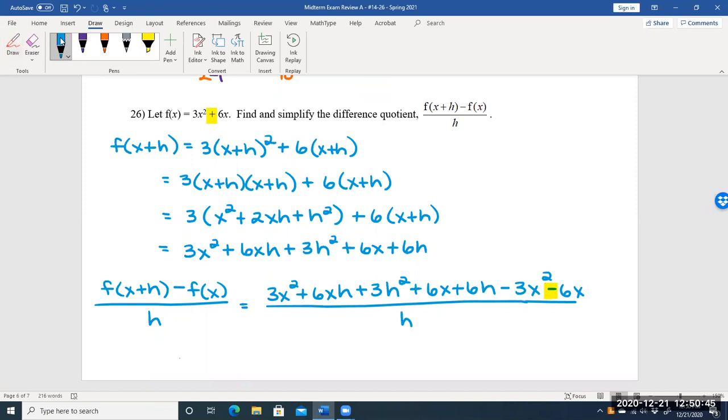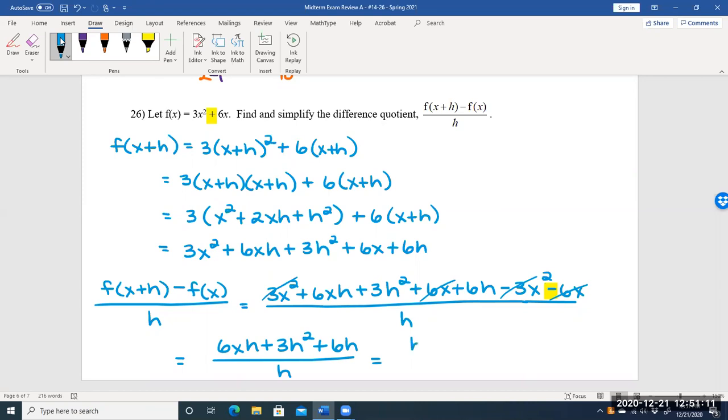Now I do have quite a bit that I can get rid of in the numerator. I've got a 3x squared, a negative 3x squared, a positive 6x, and a negative 6x. So I'm left with 6xh plus 3h squared plus 6h all over h. And then I can reduce.